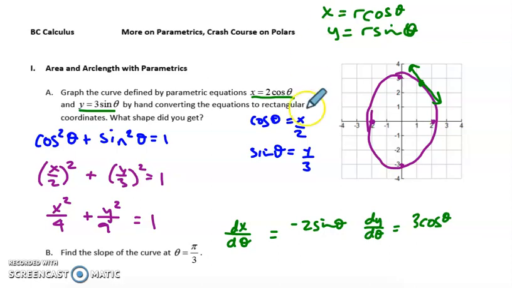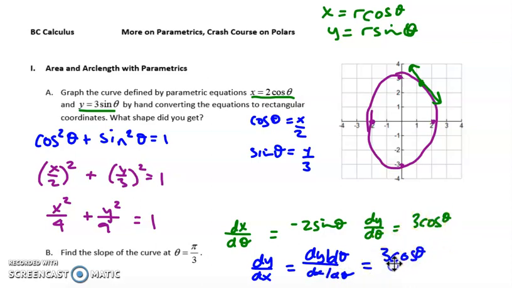Then, just like with regular parametrics, to find the slope, you actually need dy dx. So you're going to take dy d theta, divide by dx d theta. So dy d theta was 3 cosine theta, dx d theta was negative 2 sine theta, and that is dy dx, or the slope of my ellipse at any point, at any theta value.